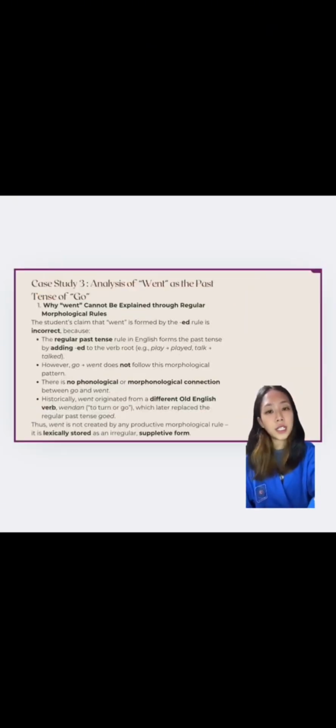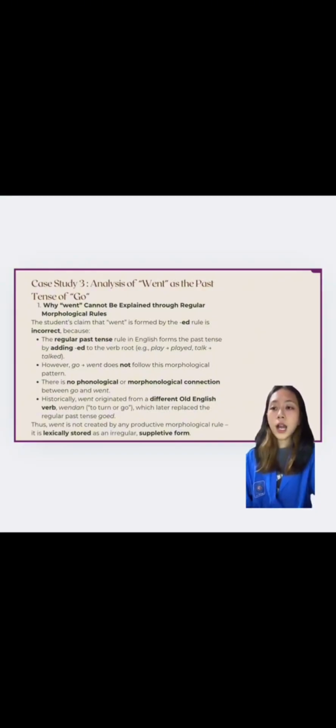So, for these slides, we talk about the analysis of went as the past tense of go. I will explain it in a few simple points. Okay, regular versus irregular morphology.